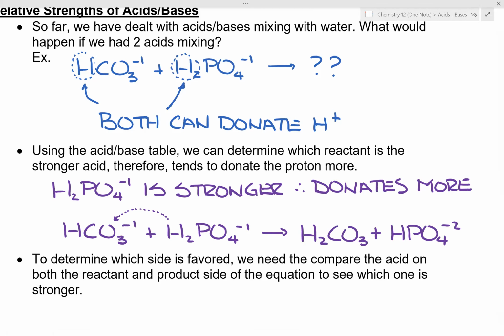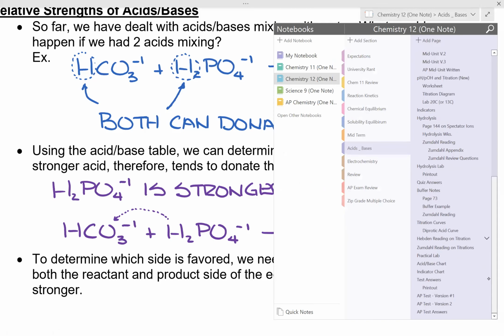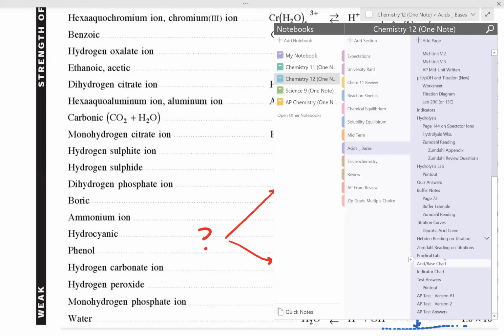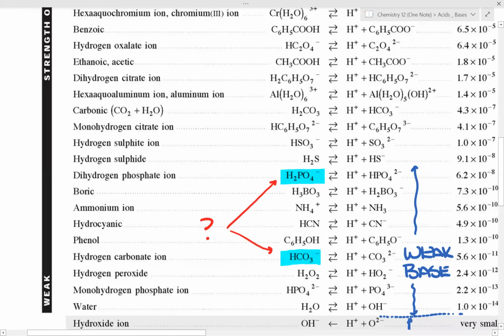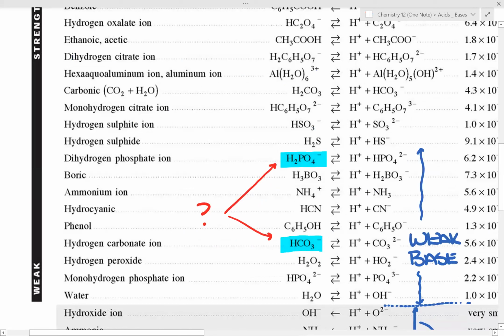Okay. So what you want to do is you take a look at the acid-base chart, and you want to check out which one is the stronger acid, which one will tend to donate more. Now, the example would be something like this. Some of you may have been to large family dinners and everything is going well until it's time to pay the bill. And so what happens is when it's time to pay the bill for the big family dinner, people get into fights.